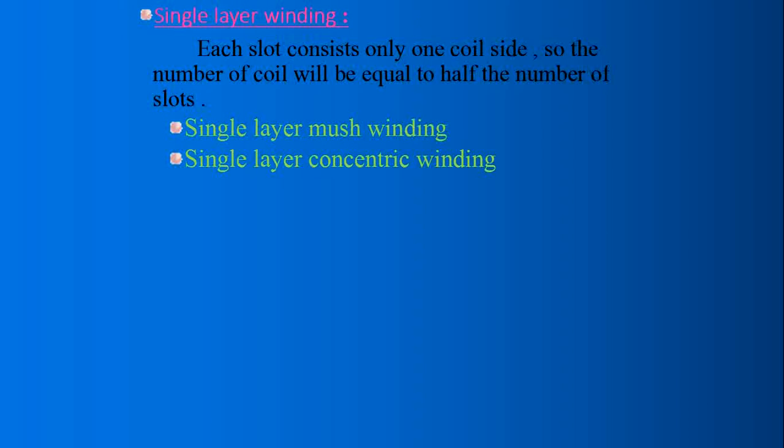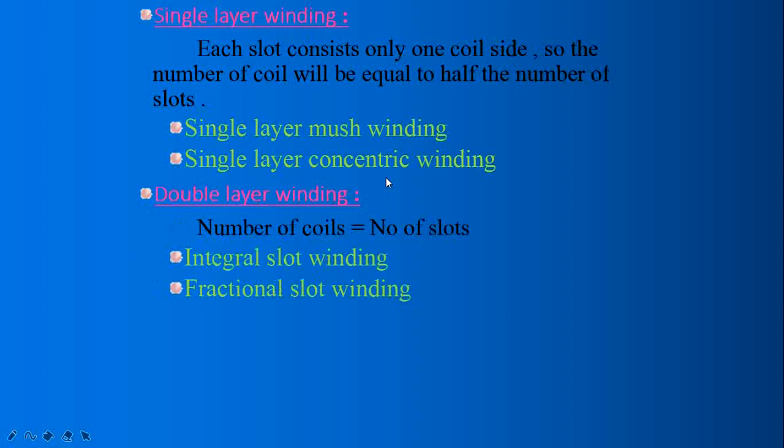Now we will see what is single layer winding. When the slot consists of only one coil side, the number of coils will be equal to half the number of slots. This is called single layer winding. It can be further classified into Marsh winding and concentric winding. Next, double layer winding.